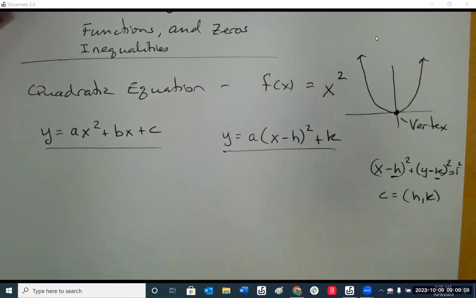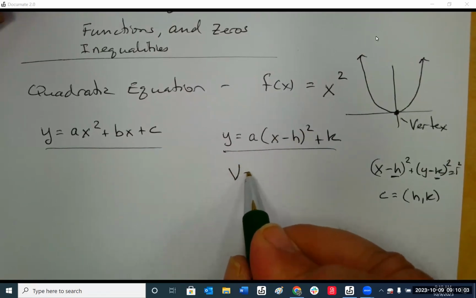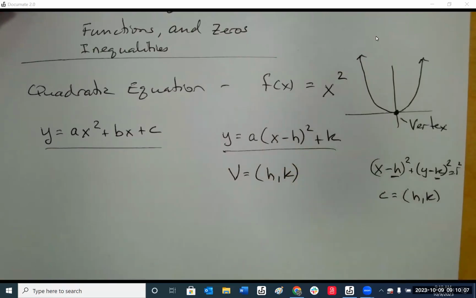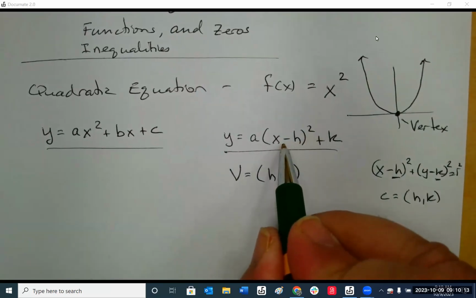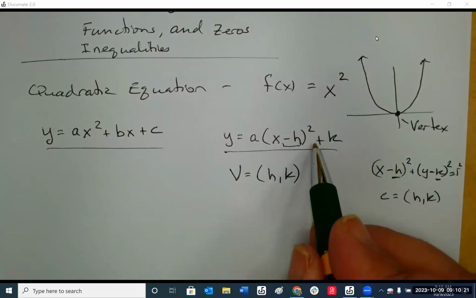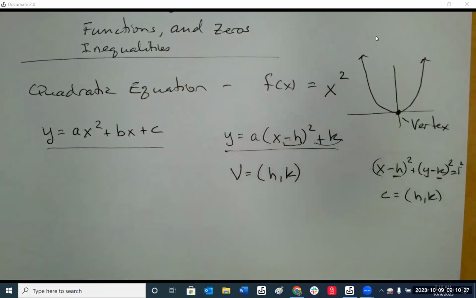That's what this one does. This equation, if it's in this form, will tell us where the vertex is. Remember, if it's inside the parentheses, it's always the opposite of what it is in there. The outside, it is what it is. If it's positive, the answer is positive. If it's negative, the answer is negative. But inside the parentheses is always opposites.